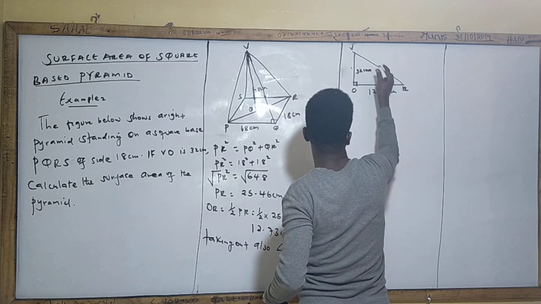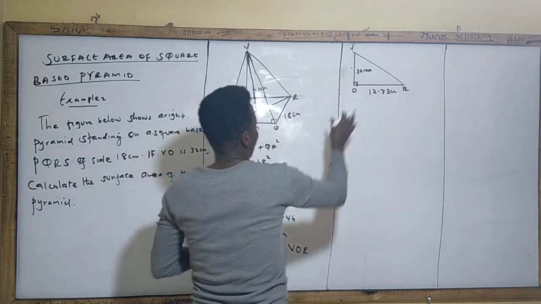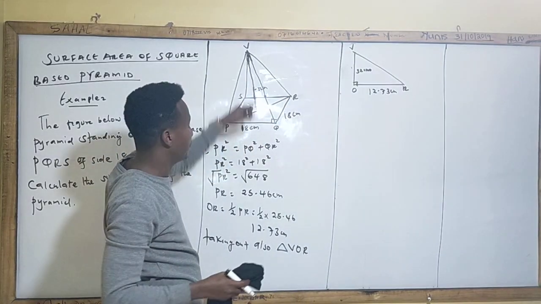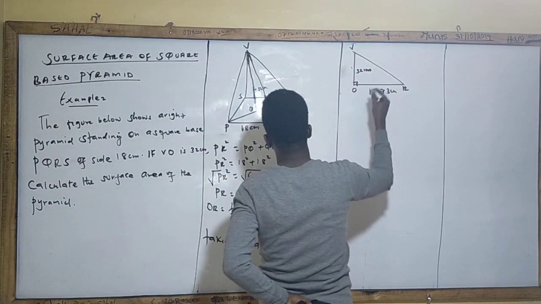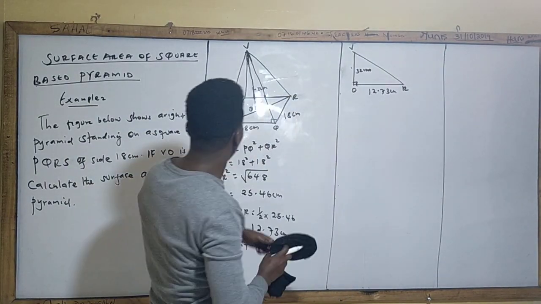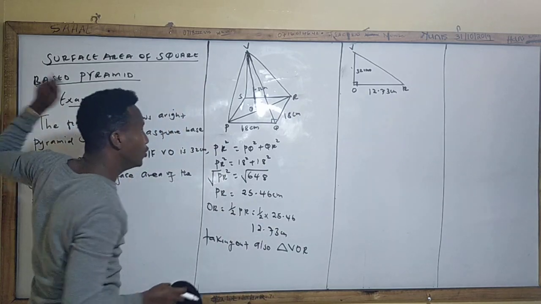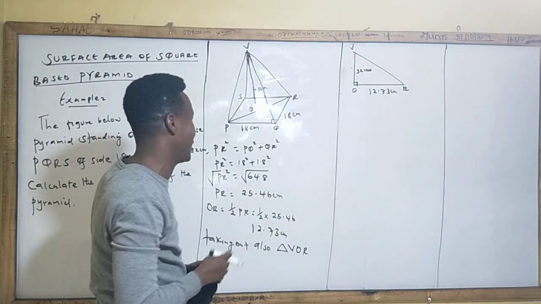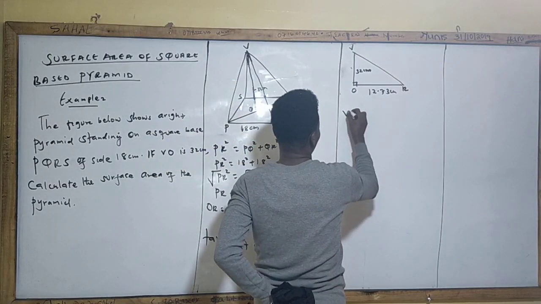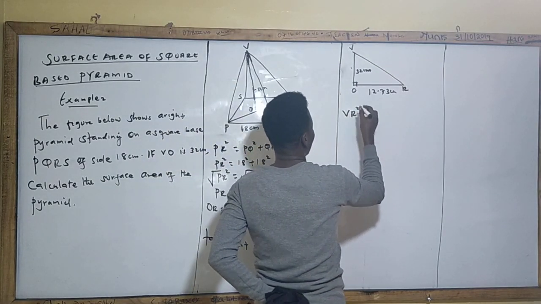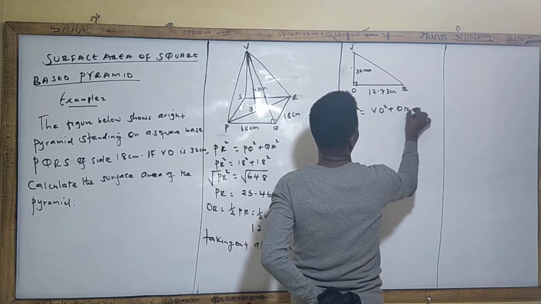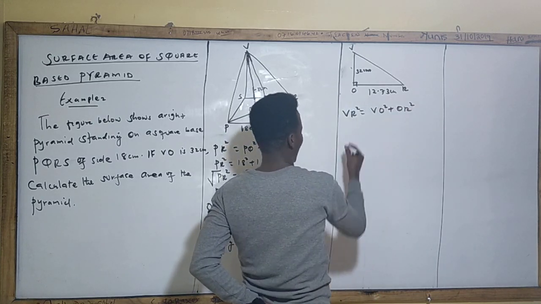So what am I going to do then? Let me get VR, which is the slant height. After you get VR is when you have come to where we started from in our previous example. So VR squared is equal to VO squared plus OR squared.